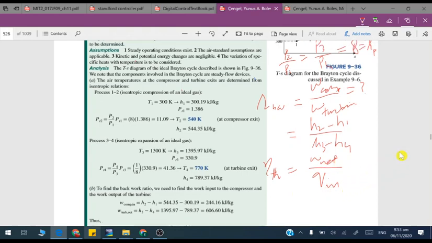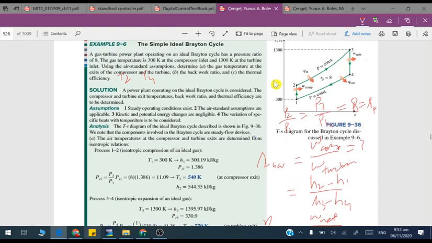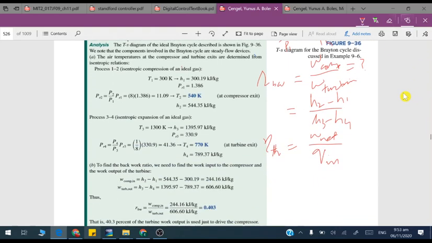Here W net will be the turbine work minus the compressor work. So I can write here W turbine minus W compressor divided by Q in.